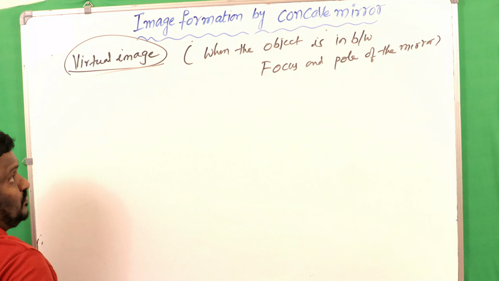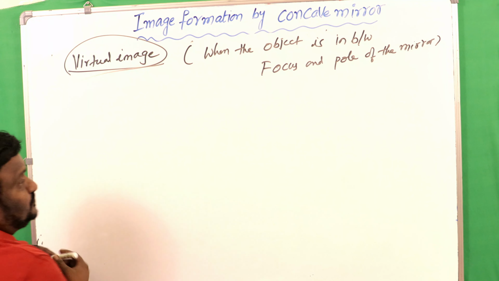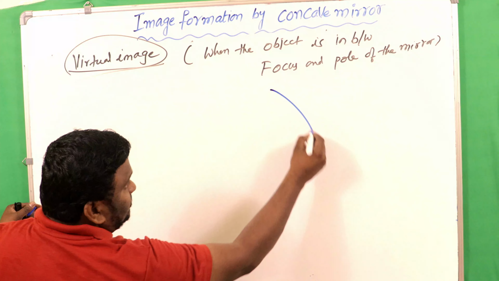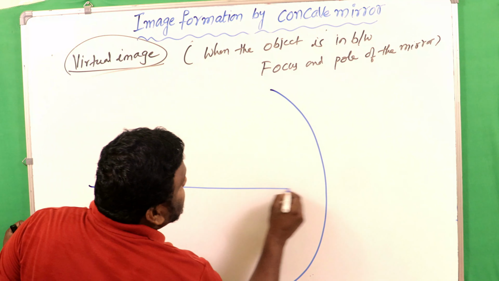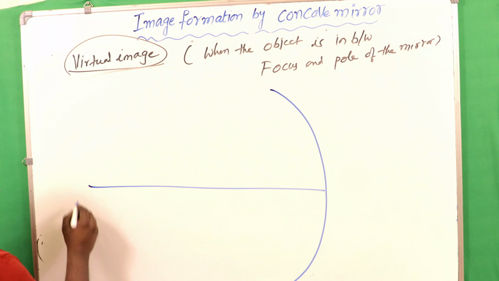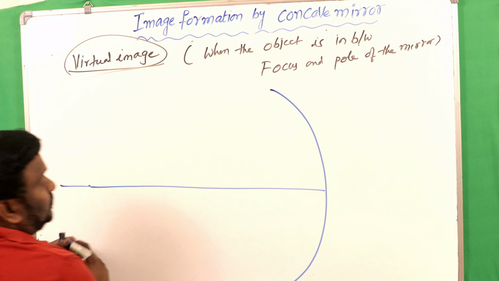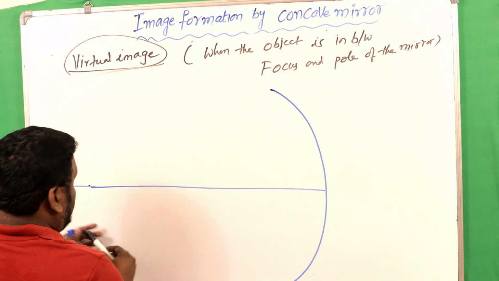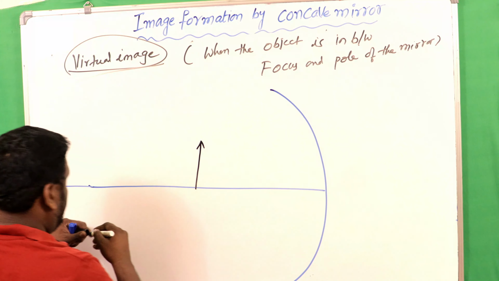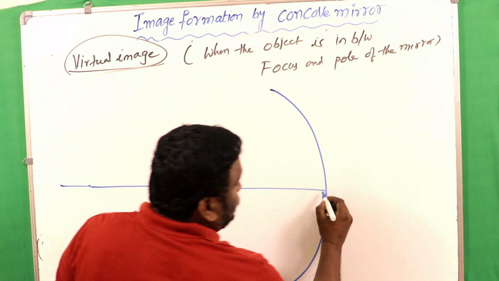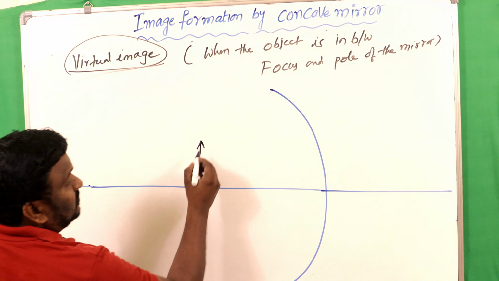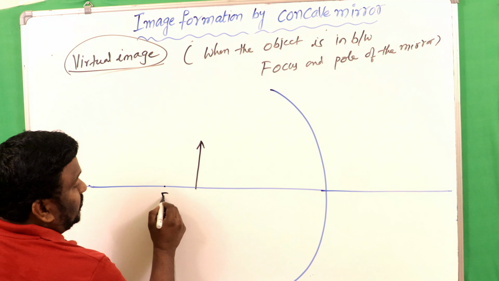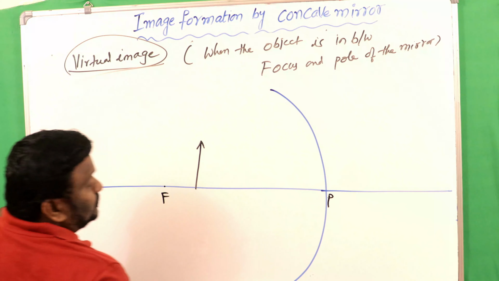Let's see here. As usual, this is the concave mirror and this is the principal axis. Here it is the object. As usual, this is the focus and this is the pole.